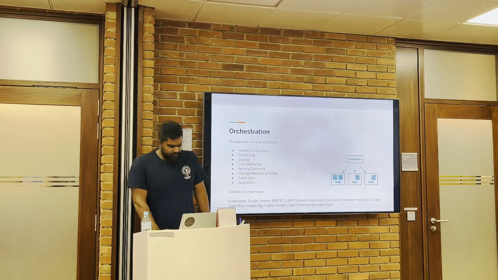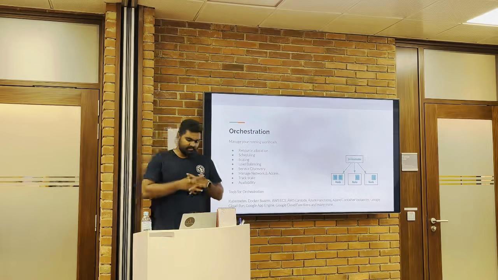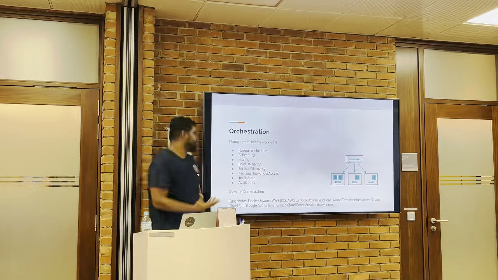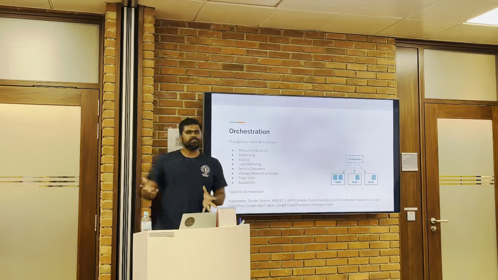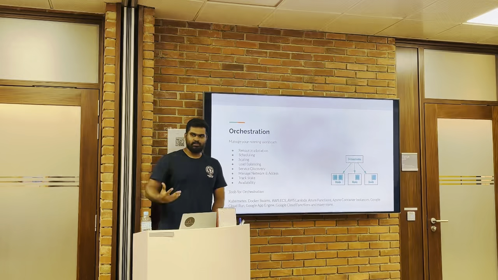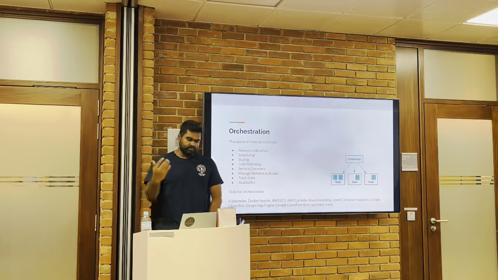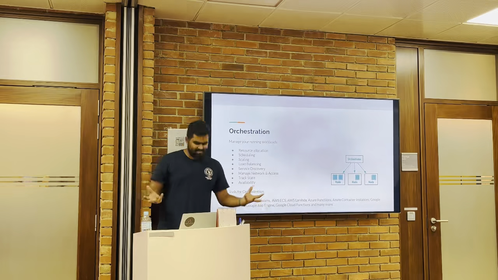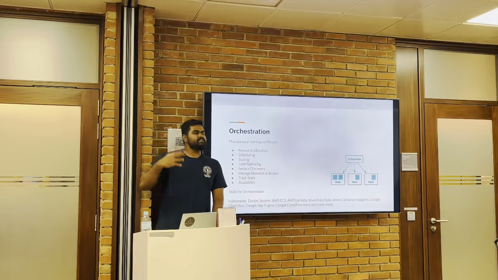Now, when it comes to orchestration, we think about Kubernetes, right? Basically the requirement of orchestration is managing your running workloads, how to manage your running containers, how to manage your application, right? To do that, we have infrastructure in our cloud or even in our data center, but we need to do the resource allocation, right?